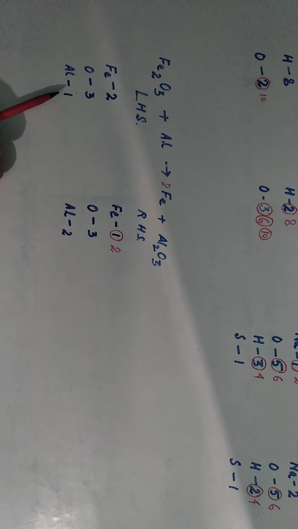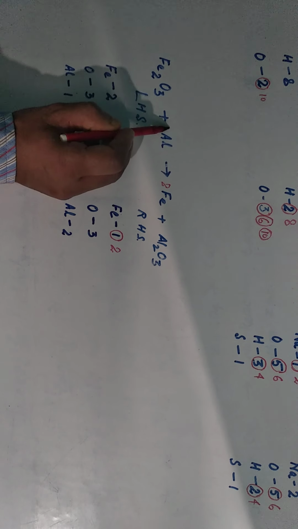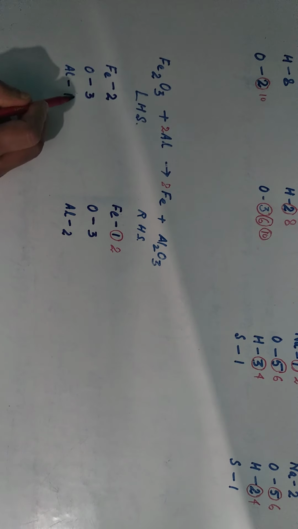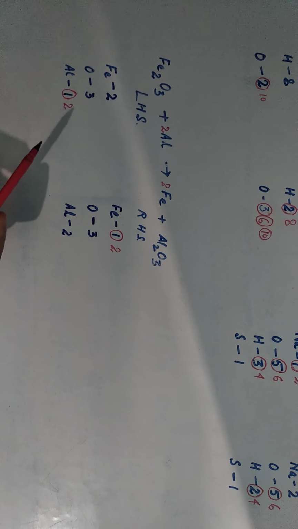Finally, we look at aluminium. On the left hand side I have 1. On the right hand side we have 2 aluminium atoms. Finally, we need to multiply this aluminium with 2 to make it balance. The new aluminium atom count will become 2. So finally friends, this equation is balanced. So this is how we can balance a chemical equation.